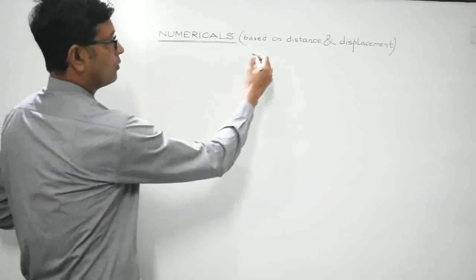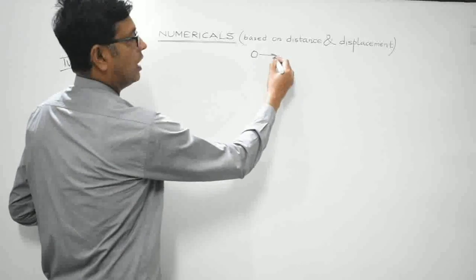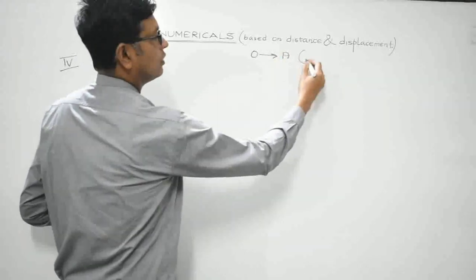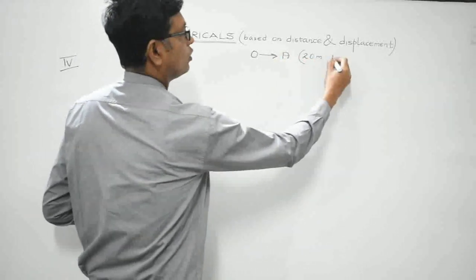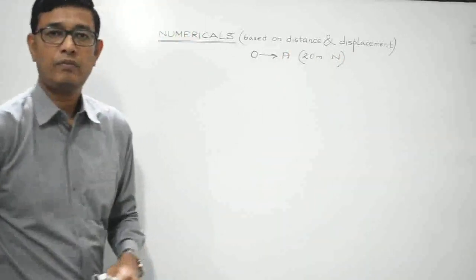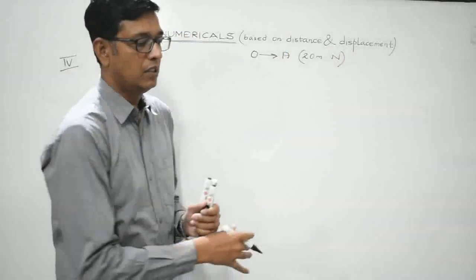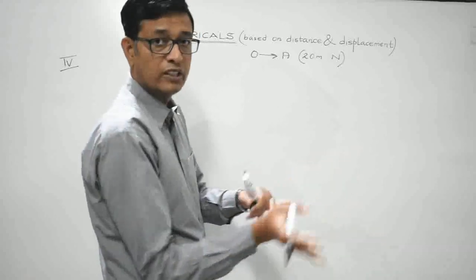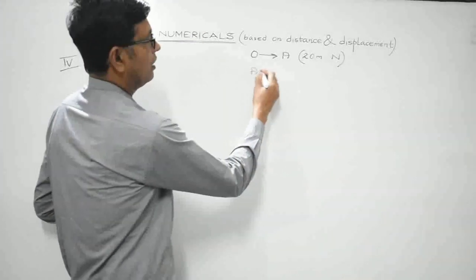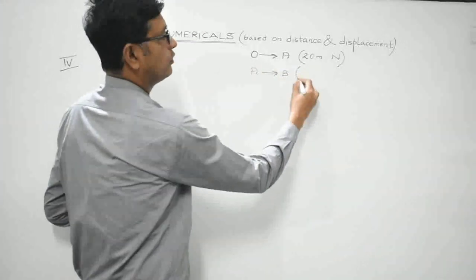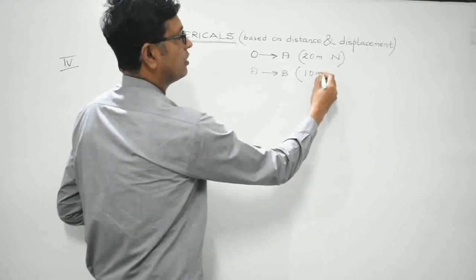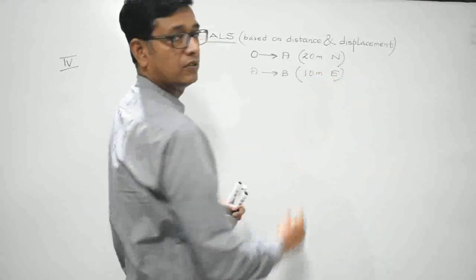A person starts from origin and suppose he moves 20 meter towards north. Then he turns towards right, A to B, and moves 10 meter due east.